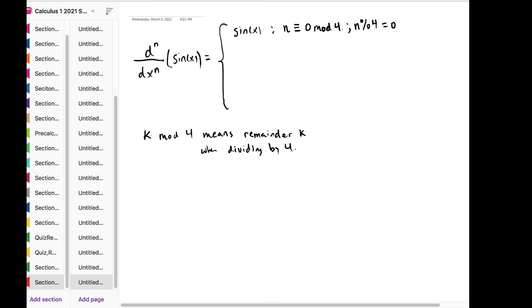So then what's next is cosine. If when you divide by 4 you get 1 remainder, you get negative sine. If when you divide by 4 you get 2, or when you divide by 4 you get 3, you get negative cosine.